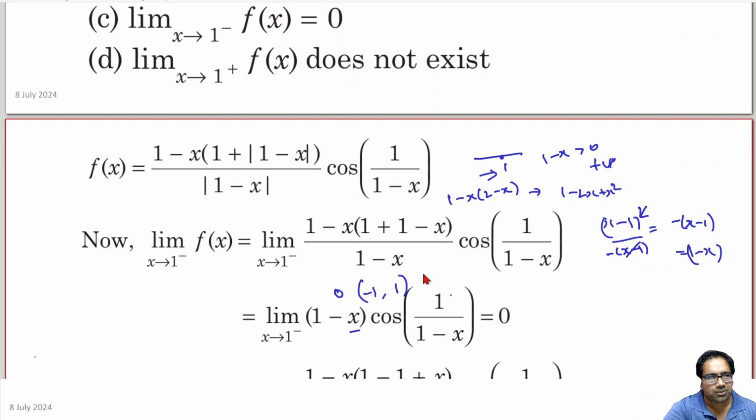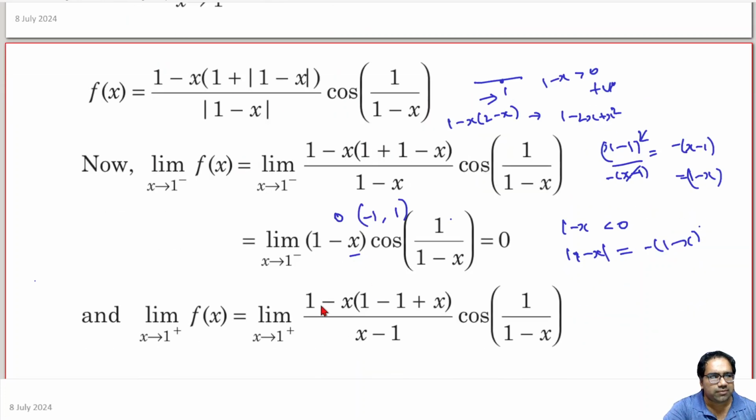What happens when x is approaching from the right? When x is approaching from the right, x is greater than 1, so 1 - x is negative. So the absolute value of 1 - x will be minus of (1 - x), which is nothing but x - 1.